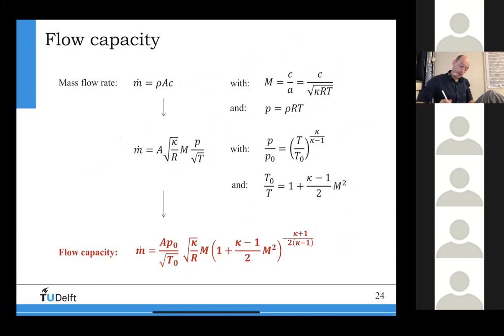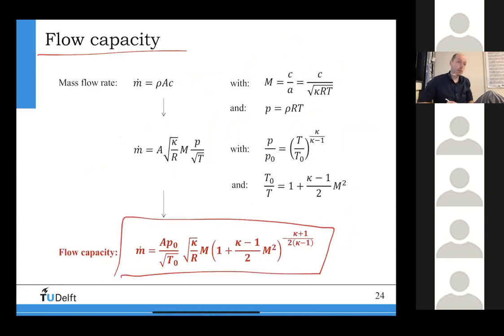So all of this is now again given here. I have discussed the flow capacity and derived it on this slide, and you can see that at the end you will get this equation. I will not do it in detail now, but you just need to follow these steps, most of which are basically known already. This is an isentropic relation.